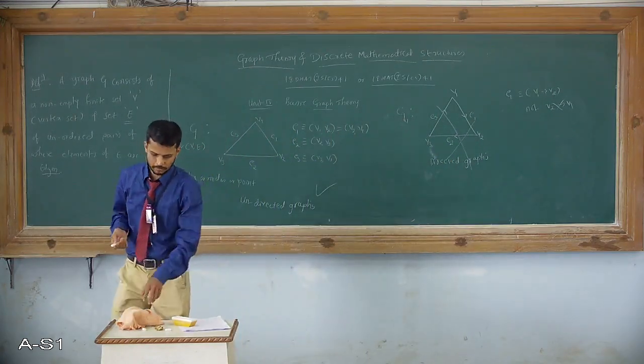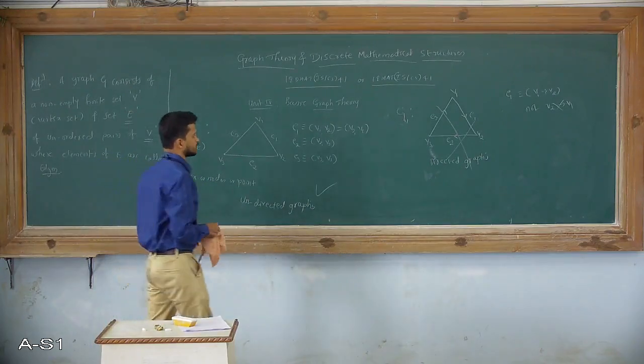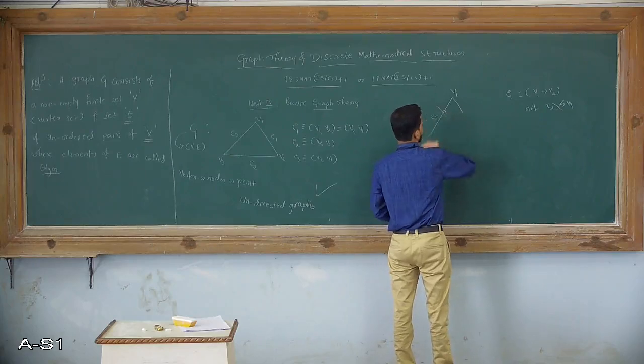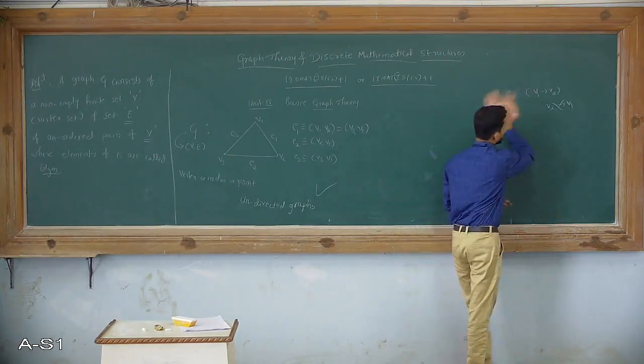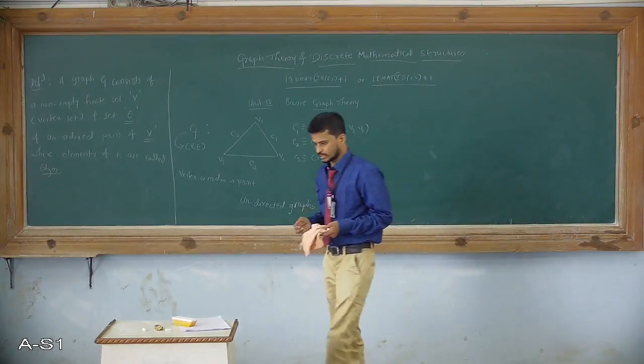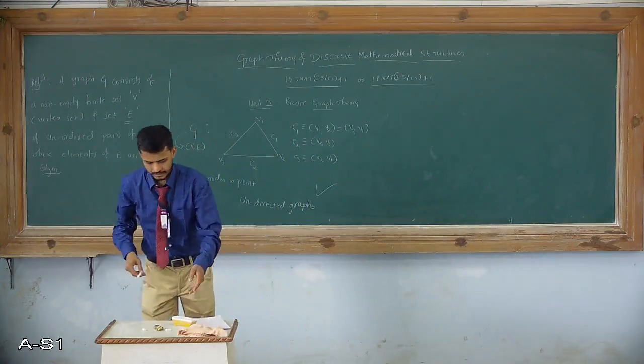Majorly we have two types of graphs: one is a directed graph and the other is an undirected graph. Right now, whatever we discuss is concentrating on undirected graphs.